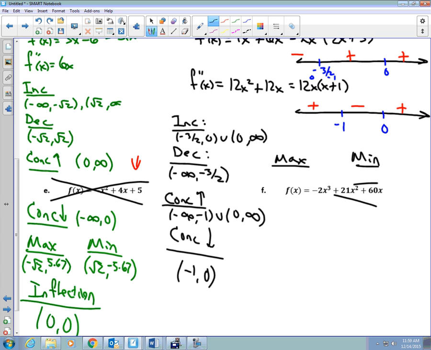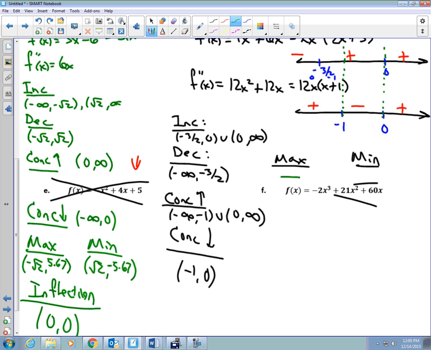Where is it going to have a maximum? Where it changes from positive to negative, right? Does it ever change? First derivative ever change from positive to negative? So there is no maximum. The maximum occurs where the first derivative changes from positive to negative, and it never changes from positive to negative.